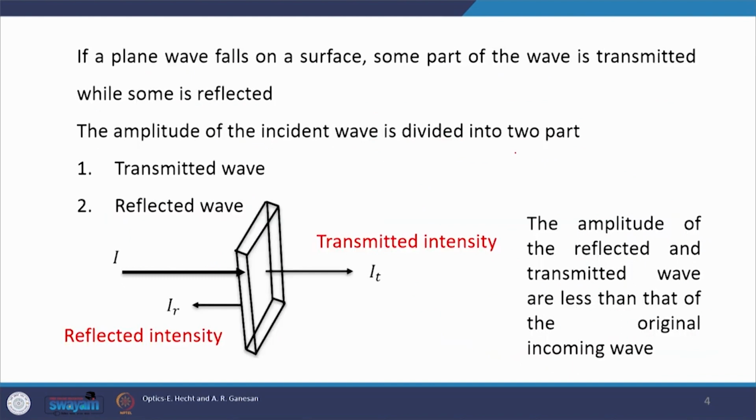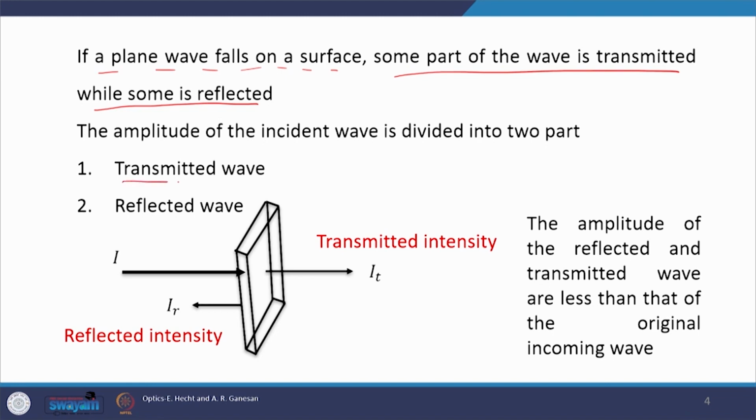Now, if a plane wave falls on a surface, of course, this surface is assumed to be transparent. We assume that there is a transparent film and the plane wave is falling on the first interface of this transparent film. Then some part of the wave is transmitted while some is reflected. Therefore, the incident amplitude is being divided in two parts.